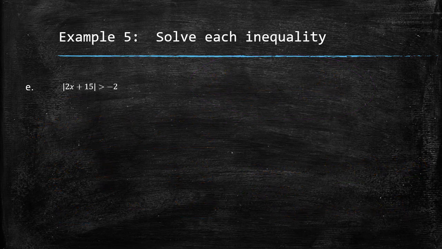Part E. All right, let's say we have the absolute value of 2x plus 15 is greater than negative 2. So the absolute value of a number is greater than negative 2. When does this happen? Well, it's always true, right? This always happens.